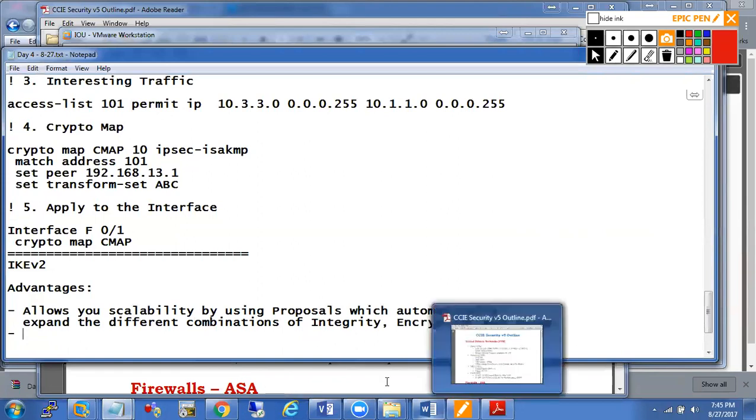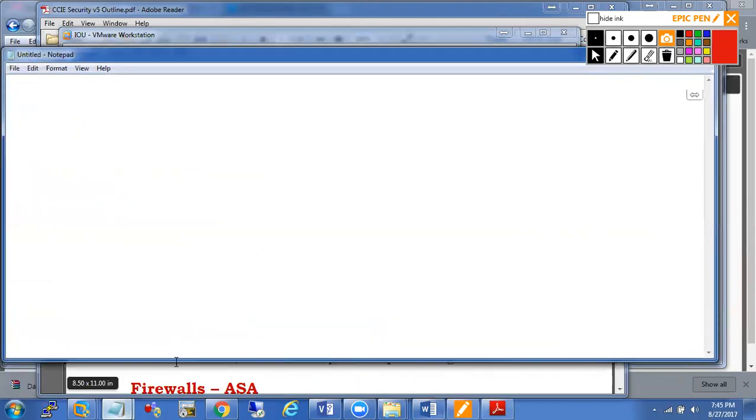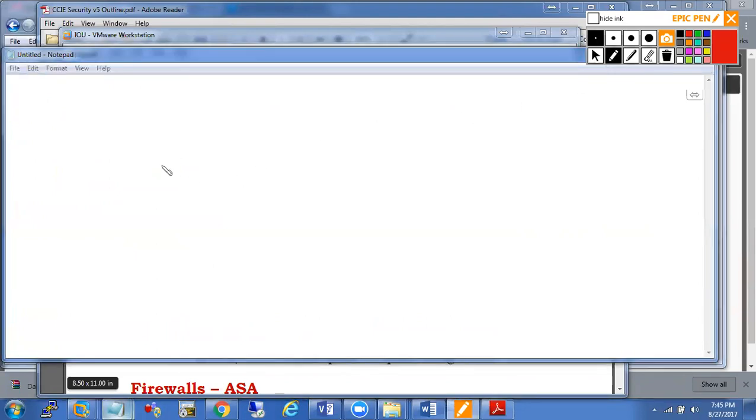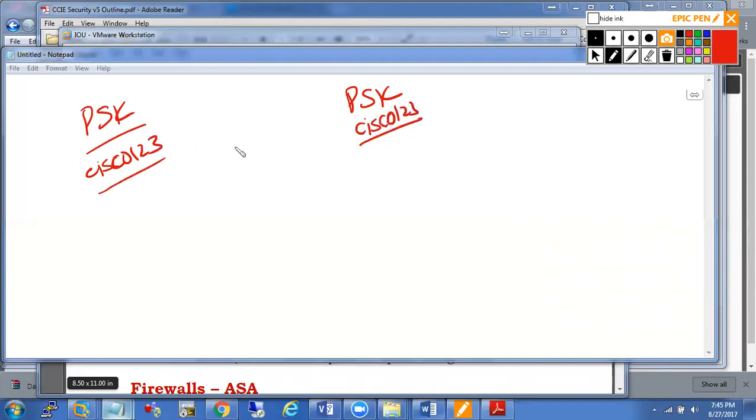Second advantage. When I was using pre-shared keys, I was using Cisco 123, for example, as a common key for phase 1.